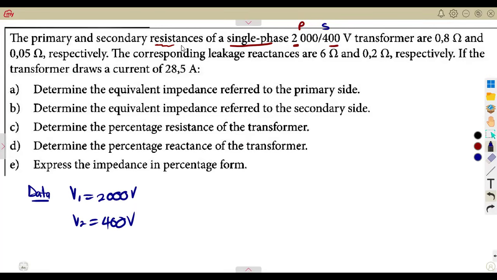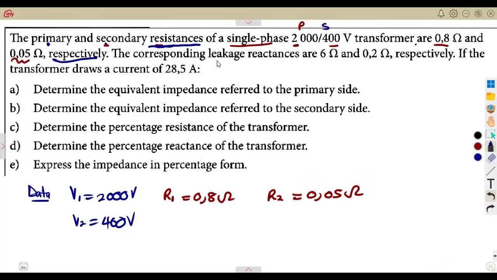They are saying the resistances of this transformer, primary and secondary resistances, are respectively 0.8 ohm and 0.05 ohm. So we have the resistance of the primary side, that's R1, 0.8 ohm, and the secondary one, R2, which is 0.05 ohm.